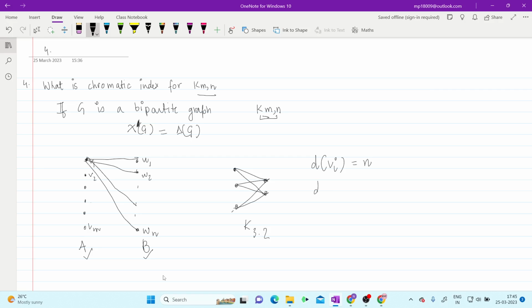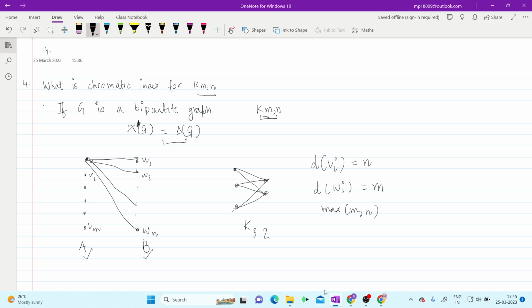And what is the degree of each wi? Same, m. So what is the maximum degree of this graph? It is the maximum of m or n.